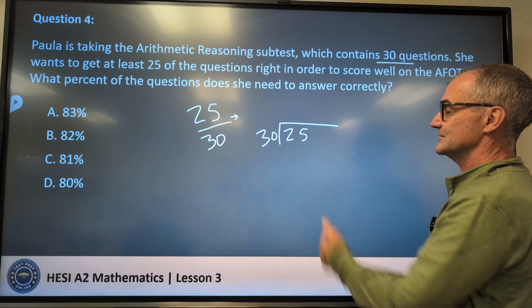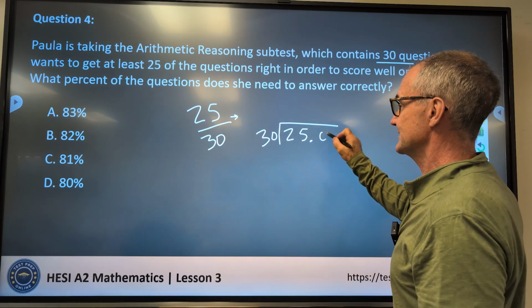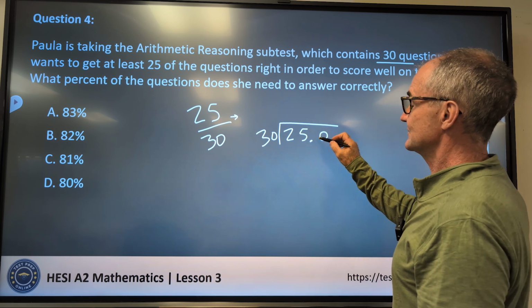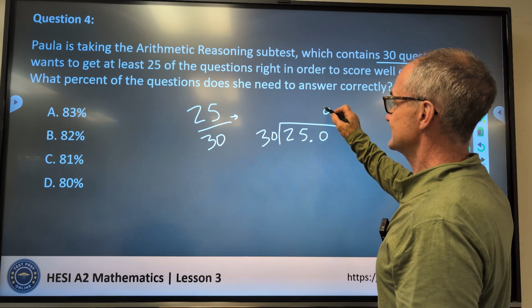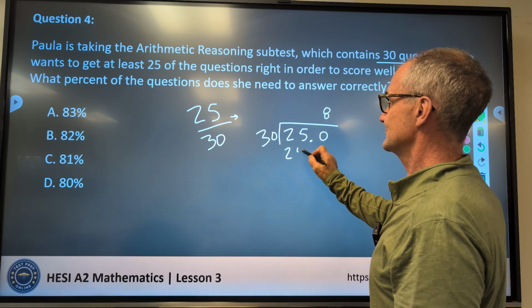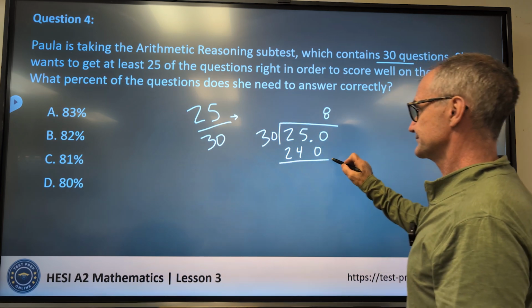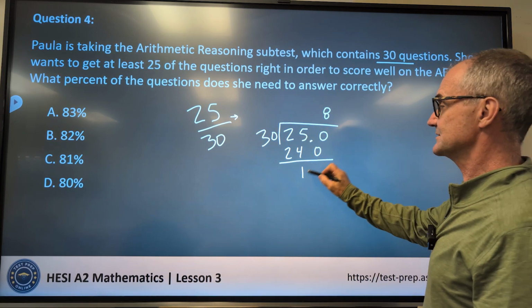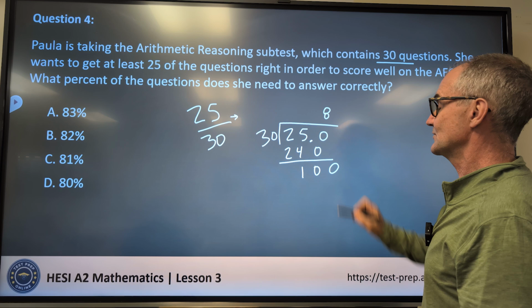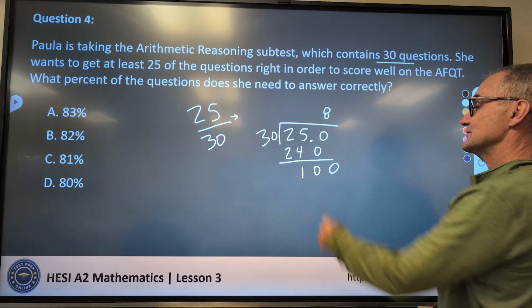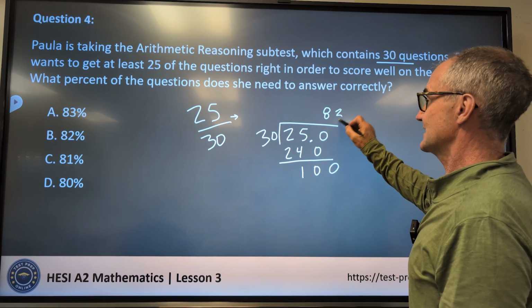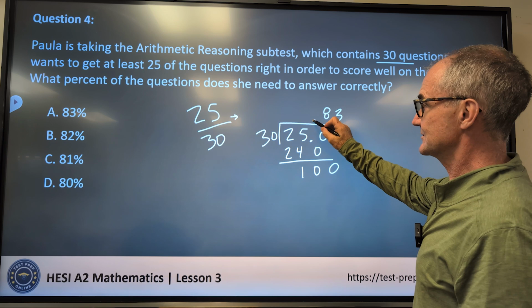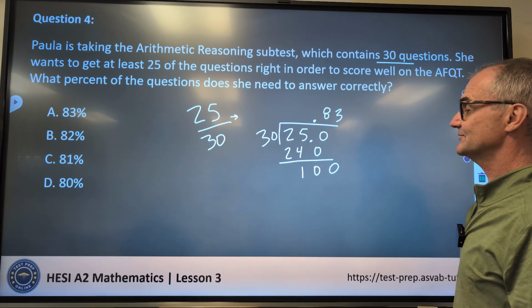Well, 30 doesn't go into 25, so I have to put a decimal there. 30 goes into 258 times to give me 240. 25 minus 24 is 10. Bring down the next one. 30 goes into 100 3 times. This decimal point goes up, so I have 0.83.